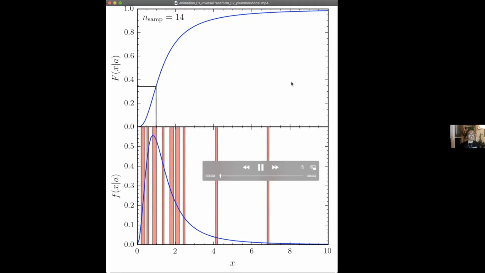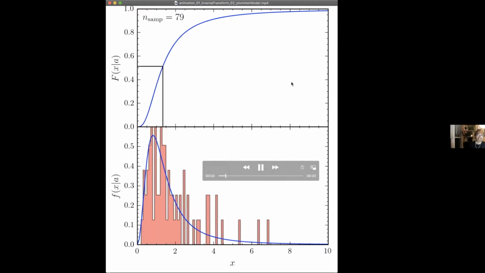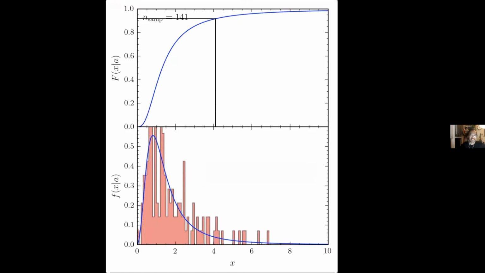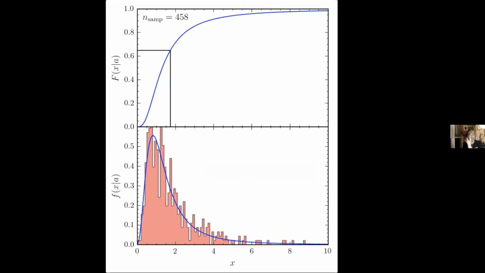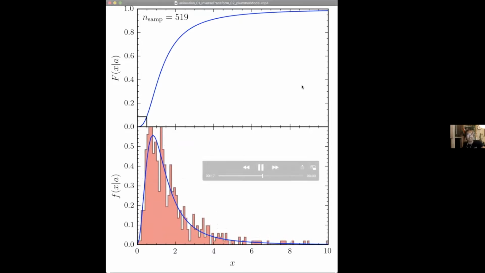And that's how it works. This is a very easy way to sample a function as long as it's integrable and we can calculate its CDF. We're going to see it again. It's also very useful if you want to generate a globular cluster to simulate a cluster.